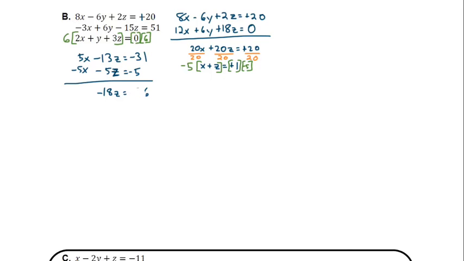Okay? This should give me the answer I'm looking for. So negative 31 minus 5 is negative 36. Okay. And then negative 36 divided by negative 18 is positive 2.